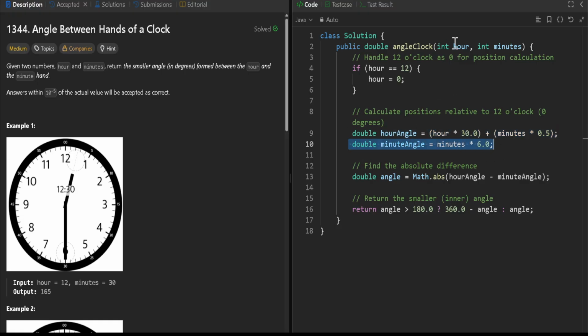Now to find the absolute difference, you will do the hour angle minus the minute angle, and you will get the angle. Now you just check if it is greater than 180, you do 360 minus the angle, otherwise give the angle whatever it is. This is what we wanted to do.